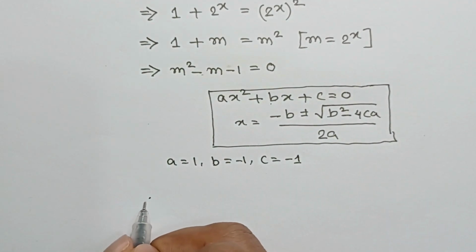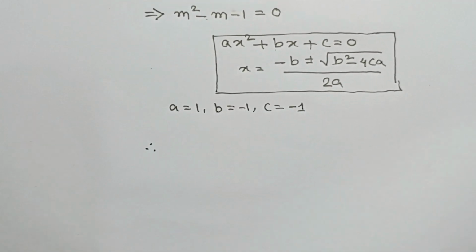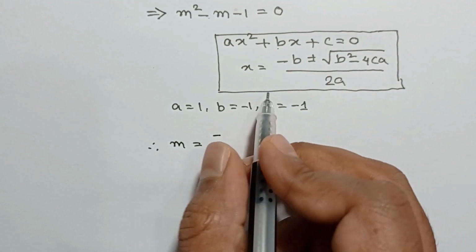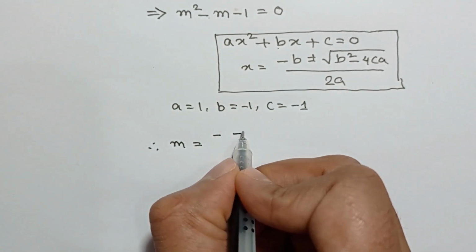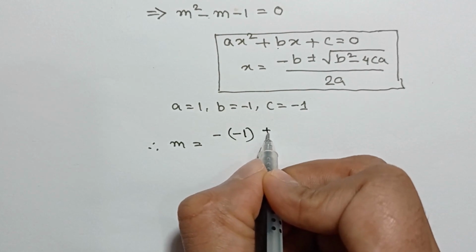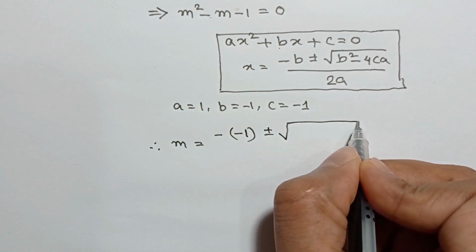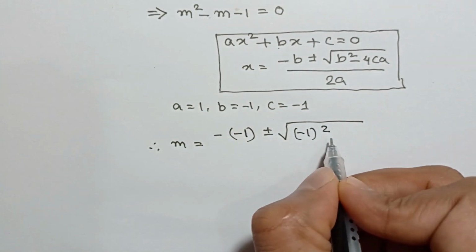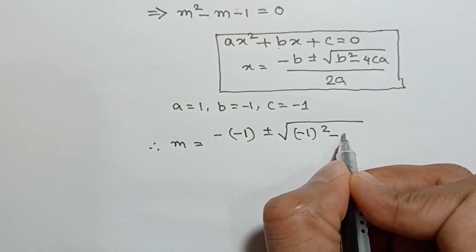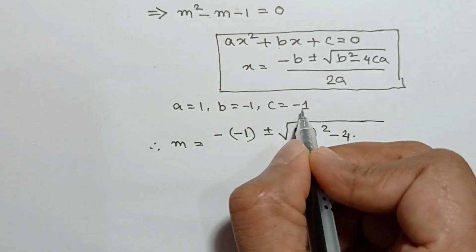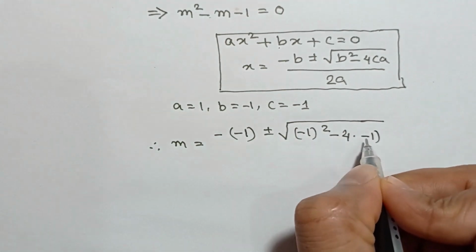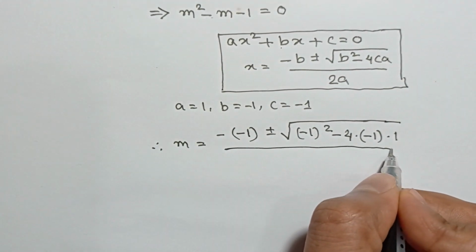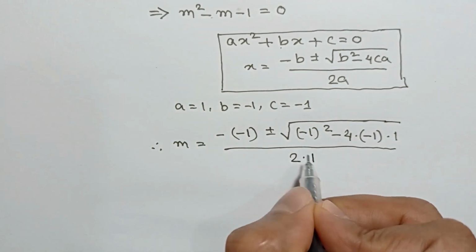So we will get m is equal to negative of b, meaning negative negative 1, plus or minus square root of b square, meaning negative 1 whole square, minus 4 times a is equal to 1 times c is equal to negative 1, over 2 times a is equal to 1.